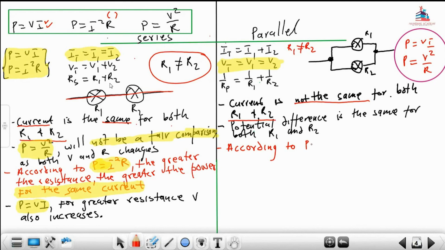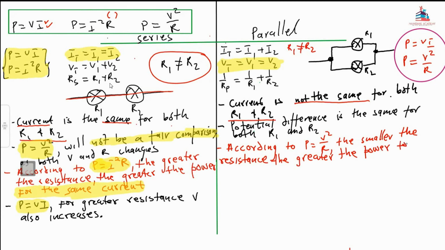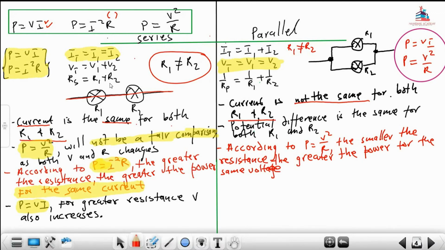So according to P is equals to V squared over R, the smaller the resistance, the greater the power for the same voltage.